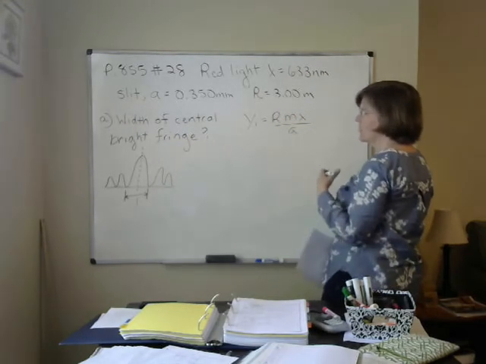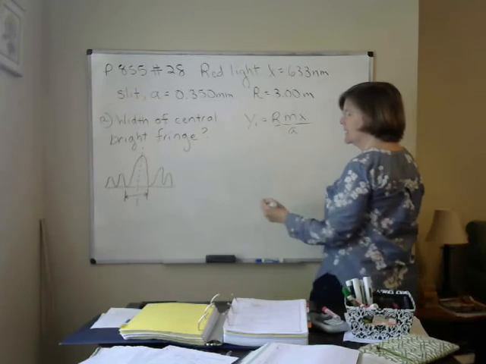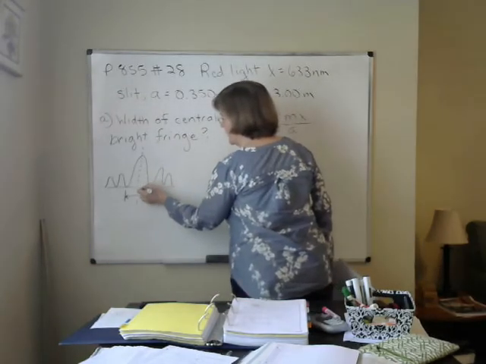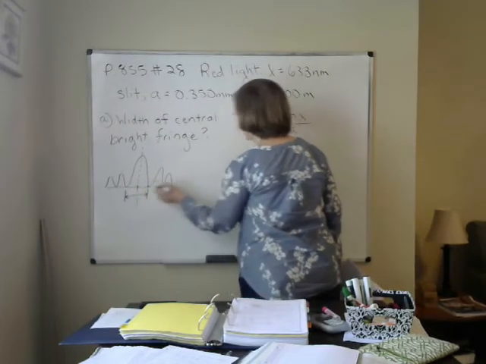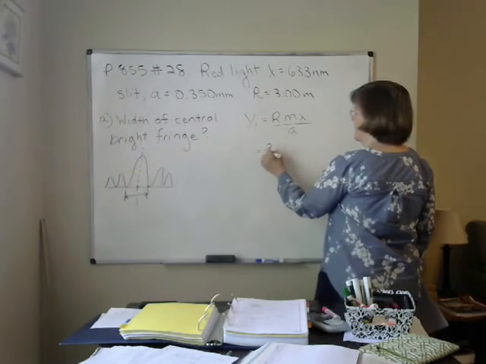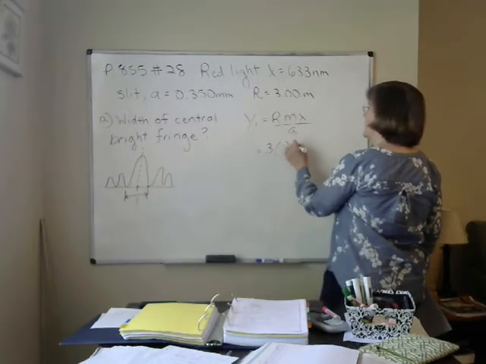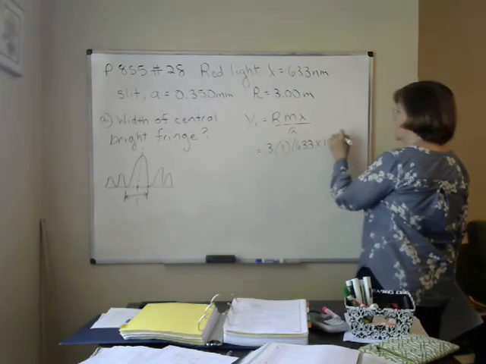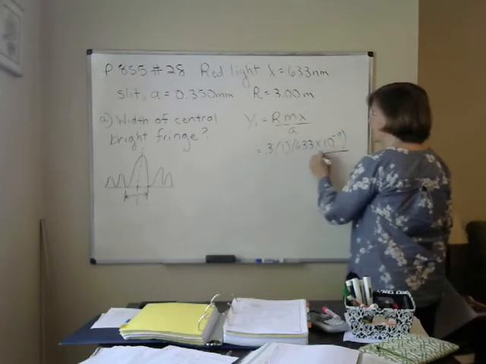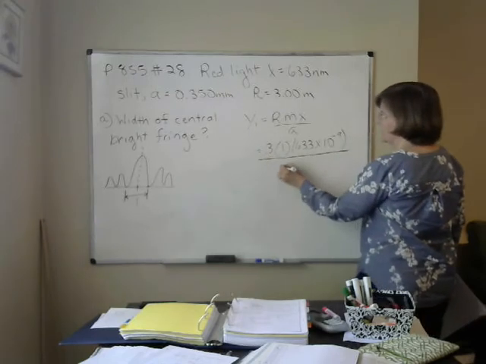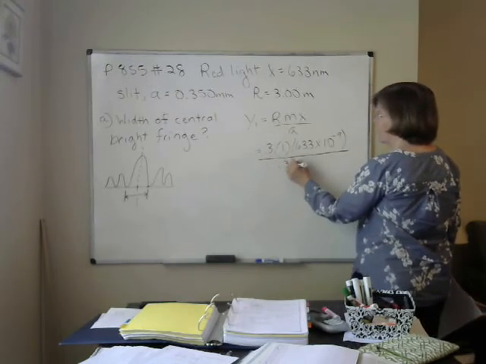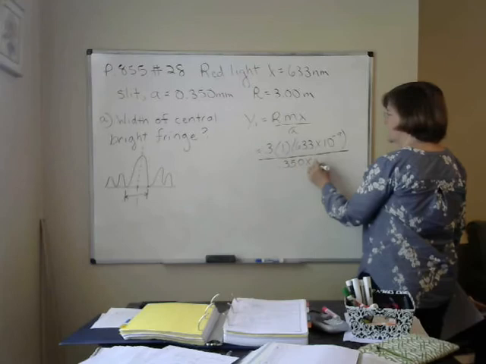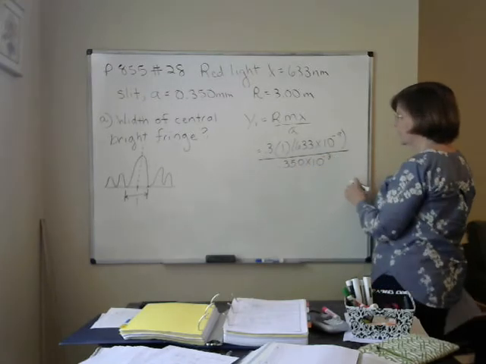That's going to tell us where the first minimum is located, measured from the center. So r is 3, m is 1, lambda is 633 nanometers, so times 10 to the negative 9. The slit width is in millimeters, so 0.350 times 10 to the negative 3.